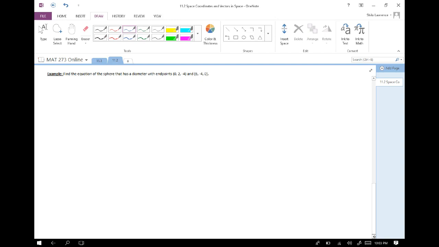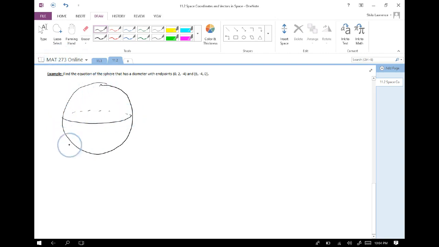So what we're asked to do is find the equation of the sphere that has a diameter with endpoints 0, 2, -4, and 6, -4, 0. So a sphere, if you slice it through the center, no matter what direction you slice it in, you should always have a circle.